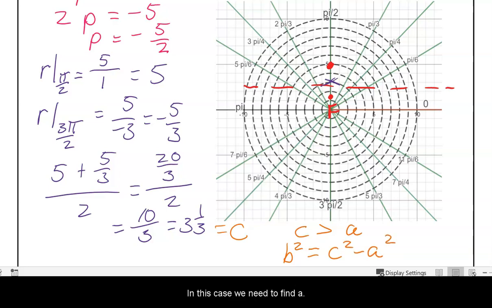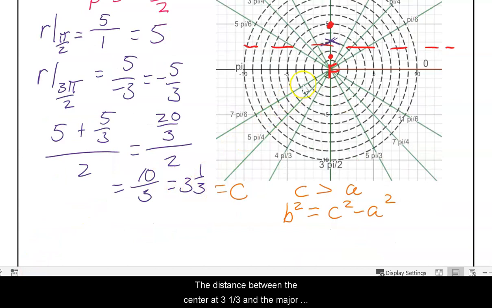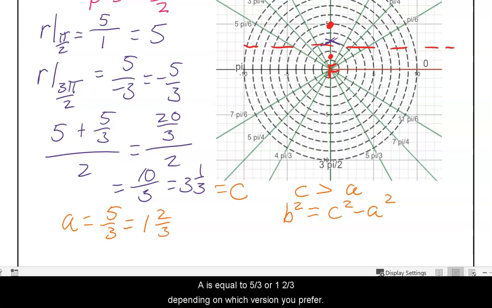In this case, we need to find A. A is from the center to one of these major vertices. How far is that? The distance between the center at 3 1/3 and the major vertices, one of which is at 5, is 1 2/3, so A is equal to 5/3, or 1 2/3, depending on which version you prefer.